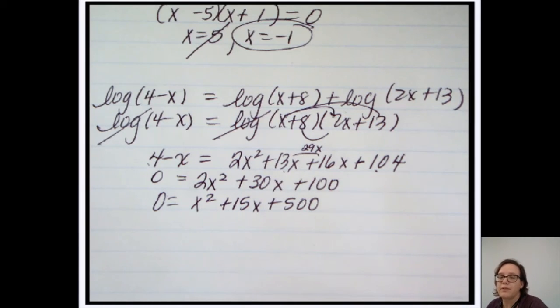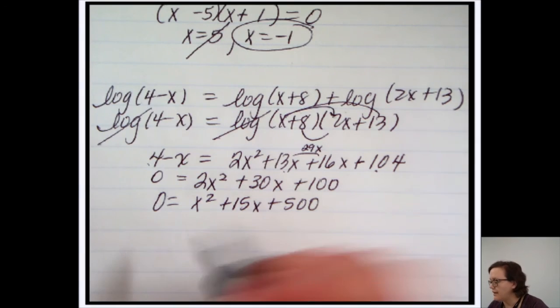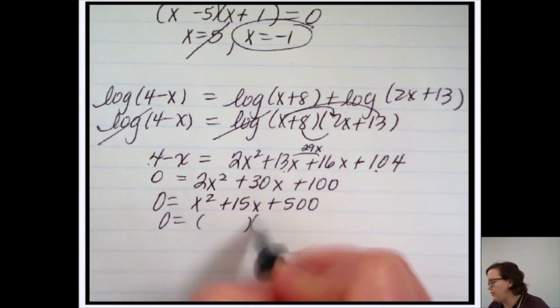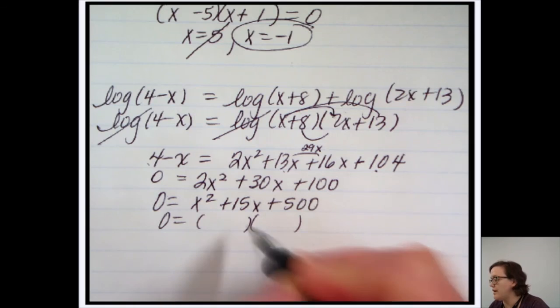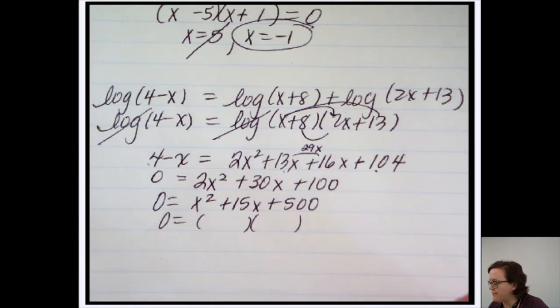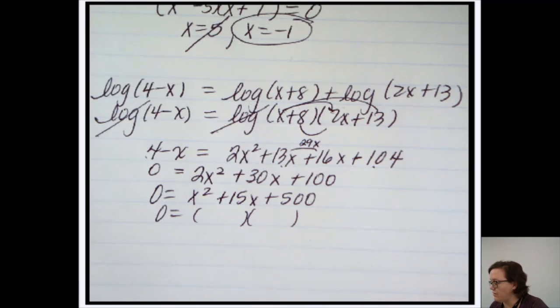So we get x squared plus 15x plus 50. Now, we are looking for two things that multiply to 50 and add to 15.